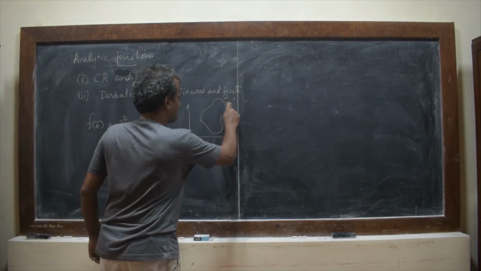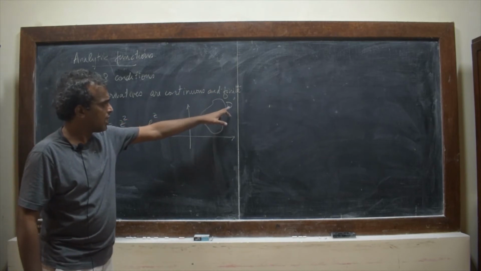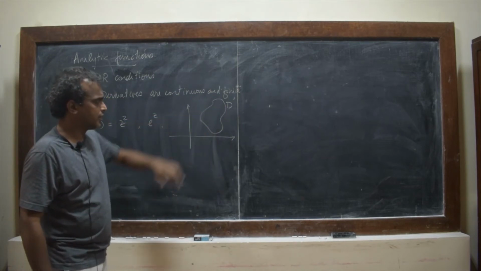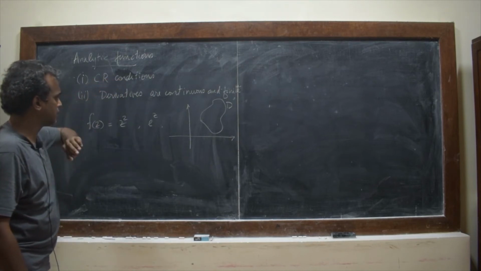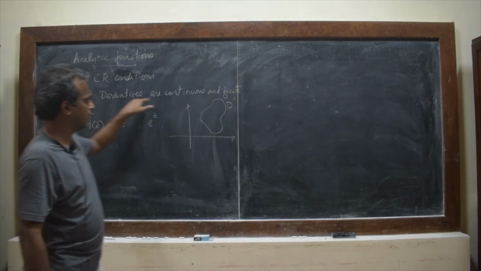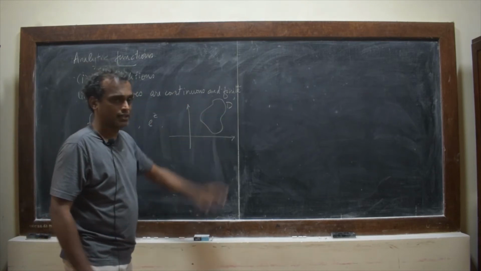If I call that region D, a function is analytic in that region D only if the Cauchy-Riemann conditions are satisfied, as well as the derivatives of the function are continuous and finite in that region.